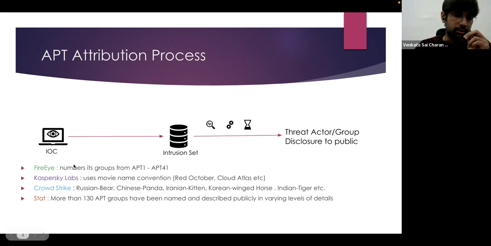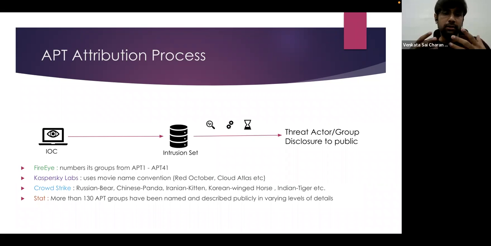As we discussed in the previous lecture, they collect the indicators of compromise from the victim networks, and they cluster those indicators of compromise as intrusion sets. And after collecting, they apply a series of machine learning techniques, observe the trends for a particular period of time, perform the analysis, and finally come up with the motive behind this particular attack and where it originated from.